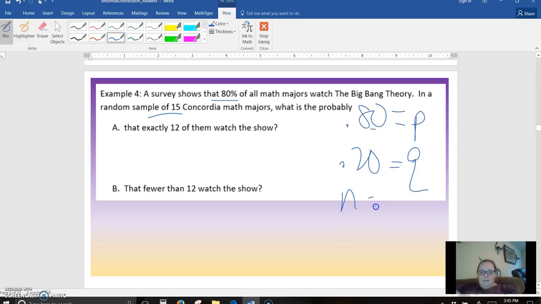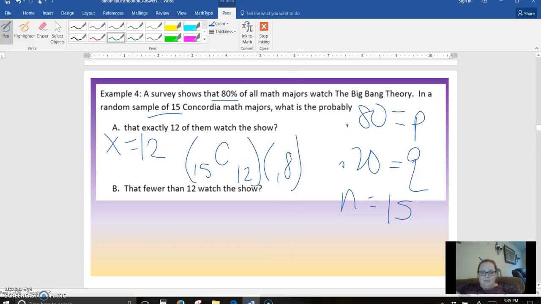And then N is 15. Exactly 12 means our X is 12. And so we do 15C12, then 0.8 to the 12, 0.2 to the 3, since 15 minus 12 is 3.